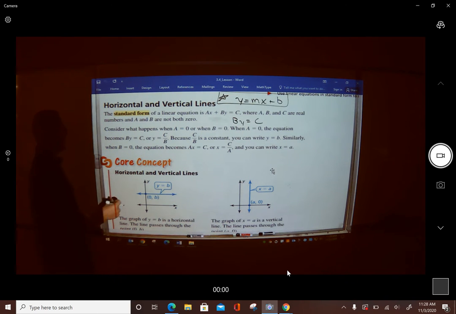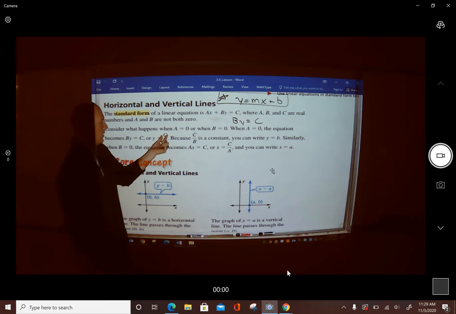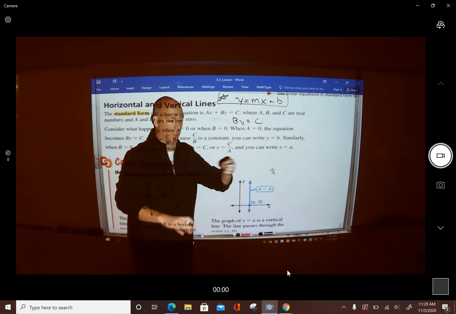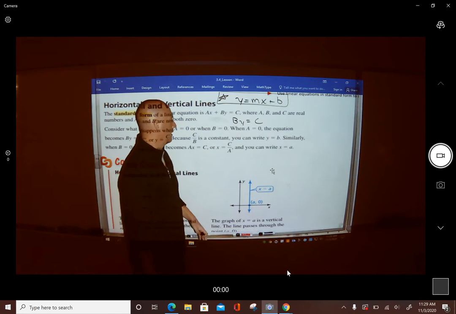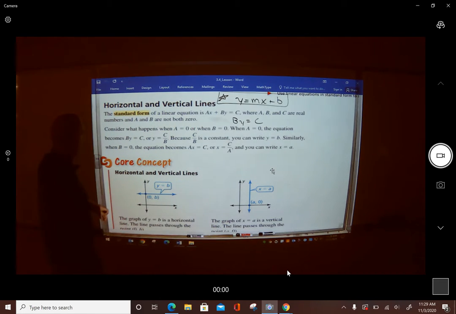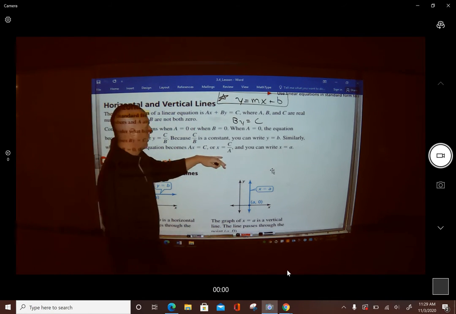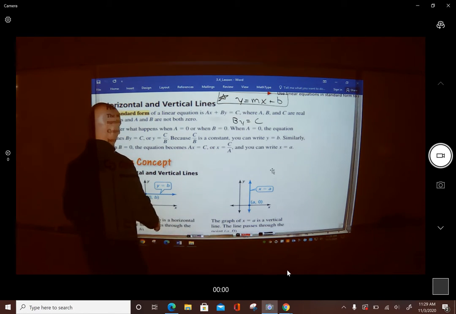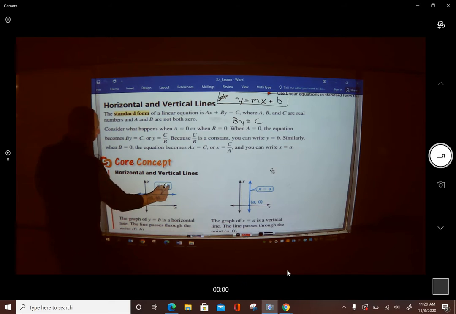And then if you solve it, you see y equals c divided by b. Now because c and b are constants, you can just write y equals b. All that means is y equals some number. And then the same exact thing happens for x. Now let's go a little bit past that, because they show down here, oh look, y equals b.